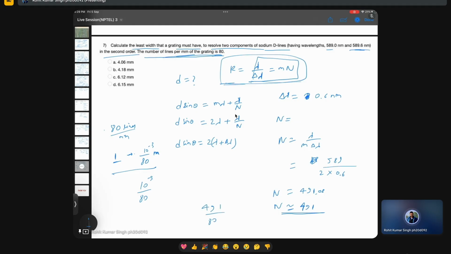491 by 80. If we do, what should be the answer? Should it come close to 6.15, right? So somehow this question wants us to divide this by 80, which makes sense if there are total 491 lines and number of lines per mm is 80.